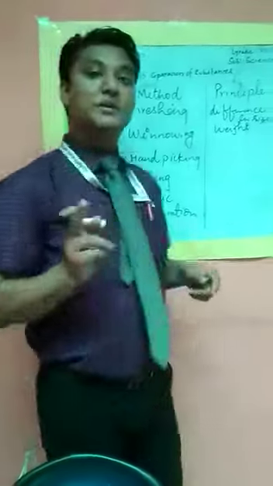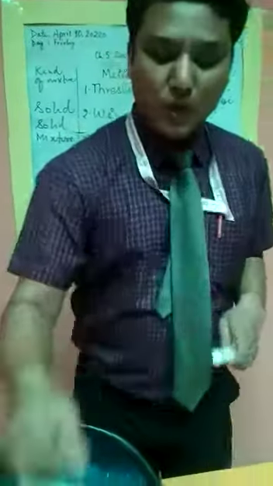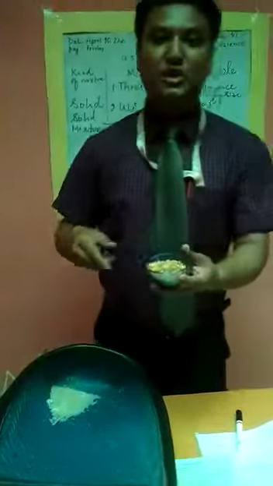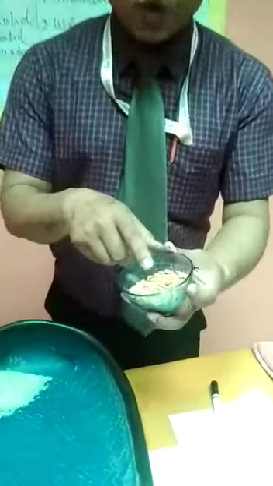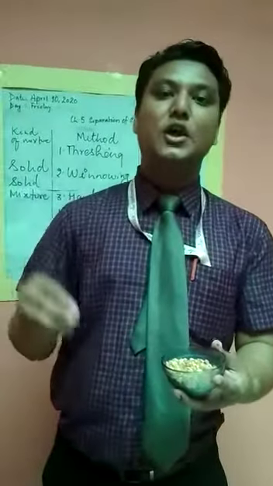Next is hand picking. As we discussed in the previous video, when we have a mixture of 2 components, looking at their color and size, we can easily distinguish that this is one component and this is a component of different color. It could be of different size also. So you can easily pick them using your hand.